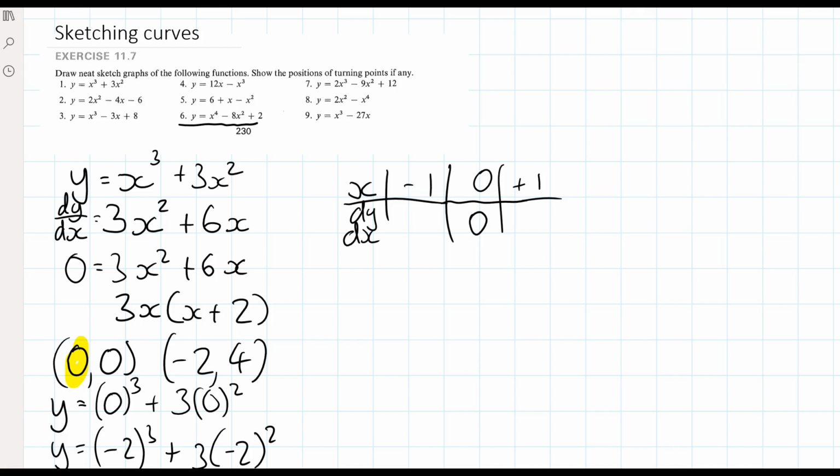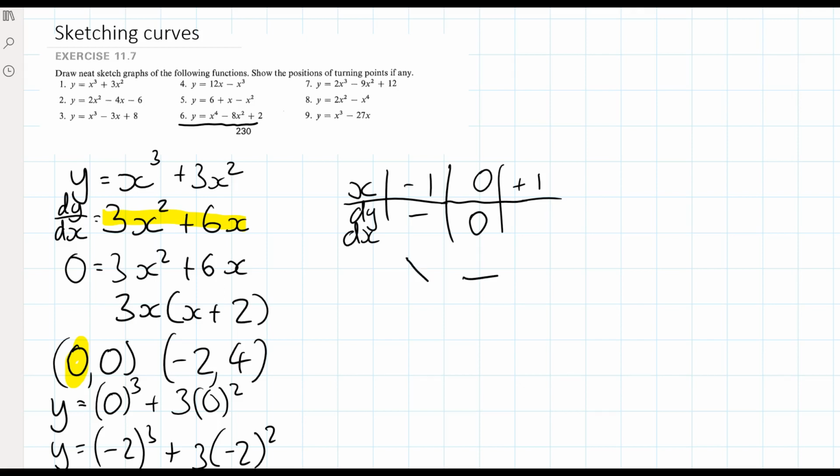Minus 1, when I substitute it into my derivative, gives me minus 1 squared times 3, which is 3, plus minus 6, which is a minus. Overall, that's a minus answer, so I know my gradient is negative coming into the point.